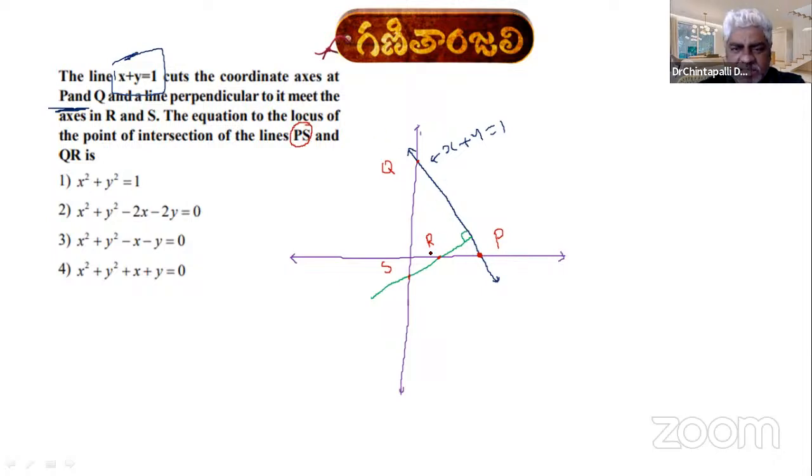The line PS, it is P, it is S. And QR, it is Q, it is R. The line PS and the line QR meet at a point. So the locus of this point is asked.